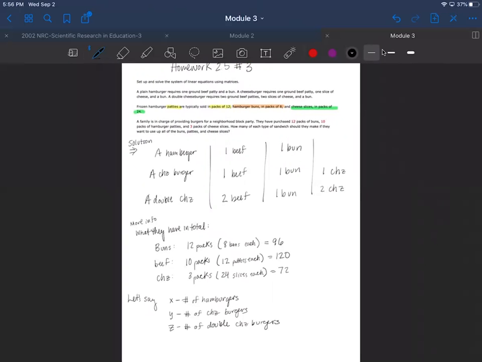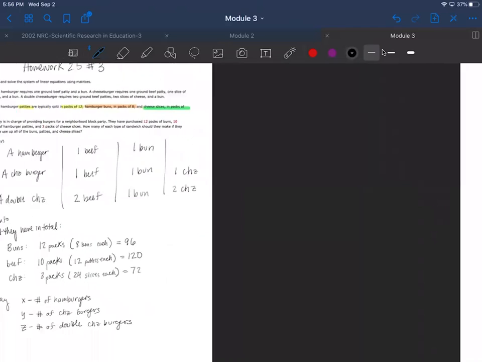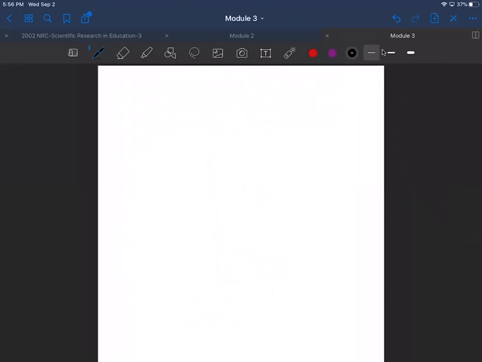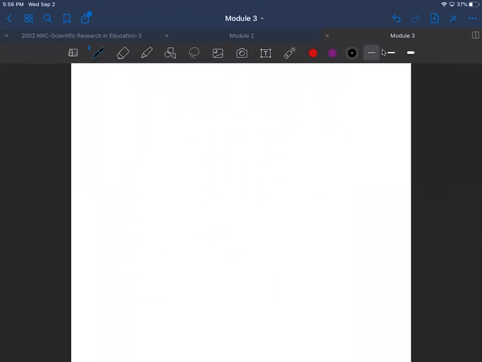So this is what we have so far. Now let me flip my page over just a second. With that being said, let's set up the linear equations.